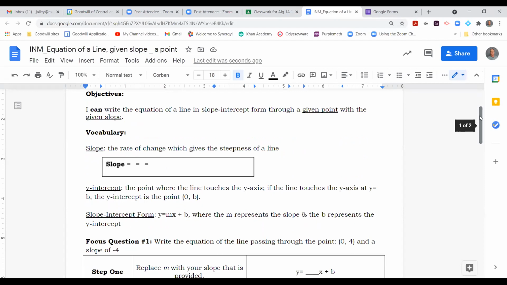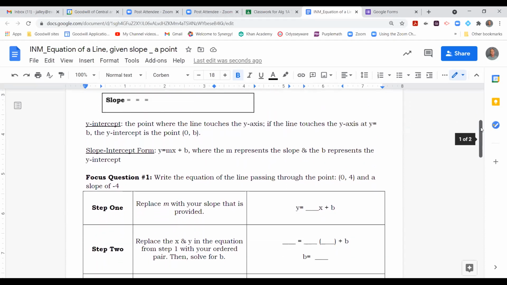We can write the equation when the line is going through a given point with the given slope. Okay, so we don't have a graph. We know we have a point because we have the XY coordinates, and we're told what the slope is. So we don't have to calculate the slope.